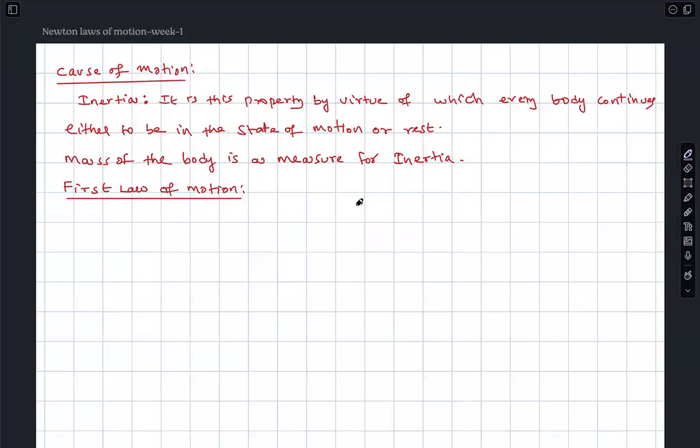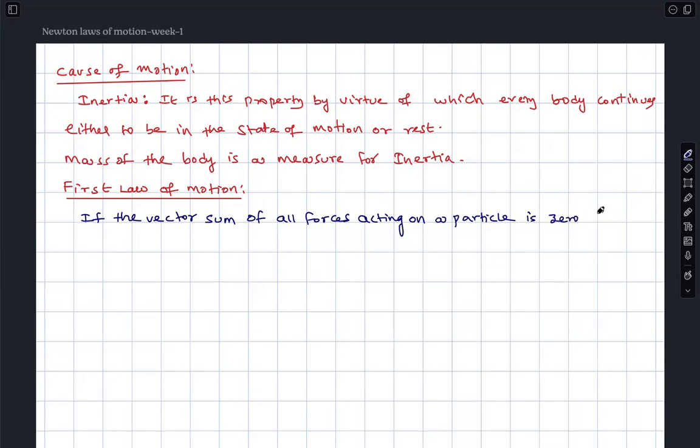Honestly, the exact terminology that I should use is, if the vector sum of all forces acting on a particle is zero, okay?